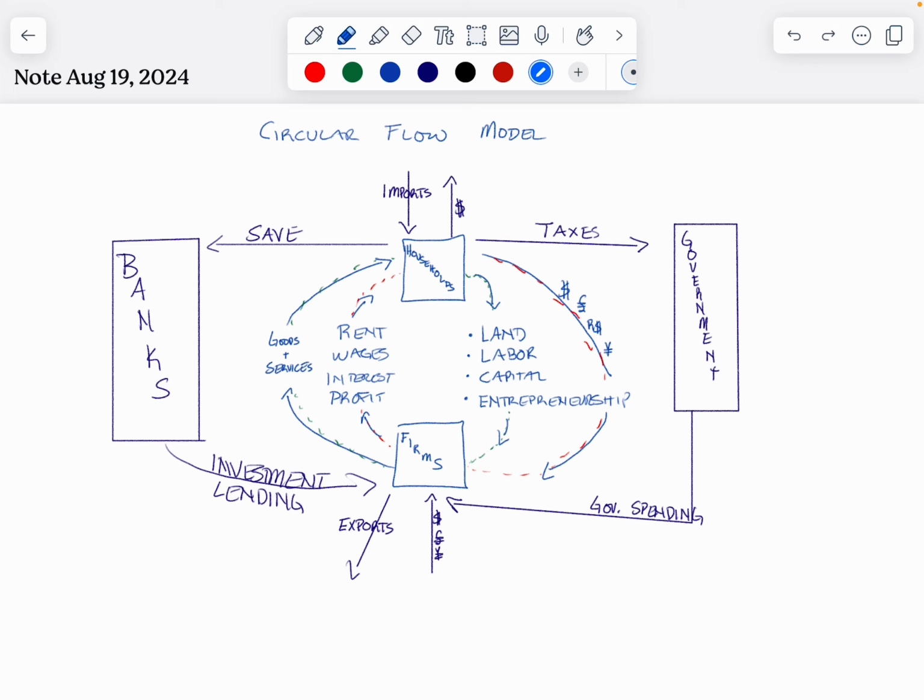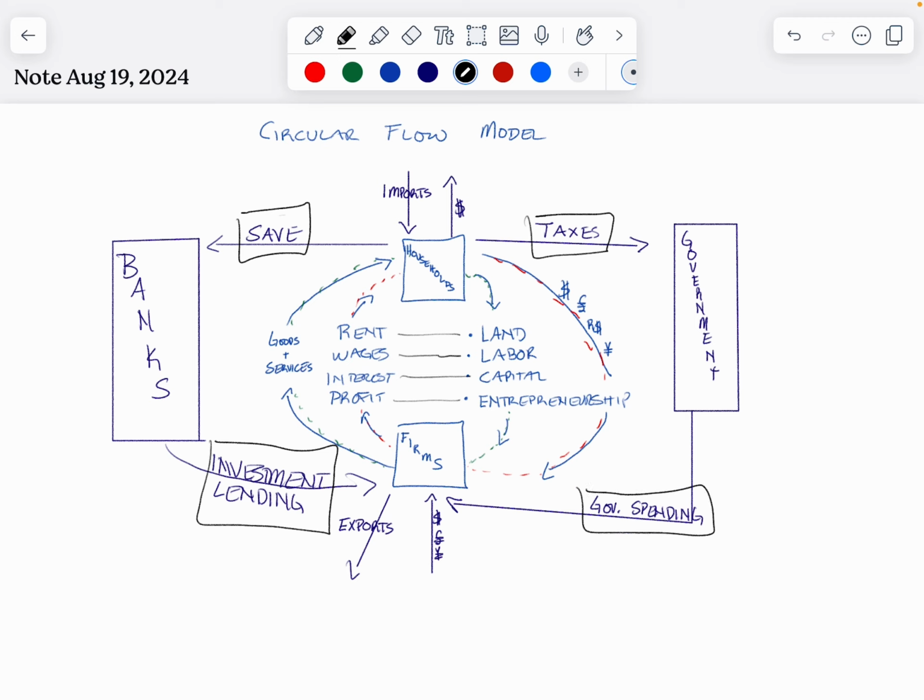This is the model, and this is the model as you need to understand it. The relationship between rent and land, wages and labor, interest and capital, profit and entrepreneurship, between savings and investment and lending, and between taxes and government spending, and the unequal relationship between imports and exports.